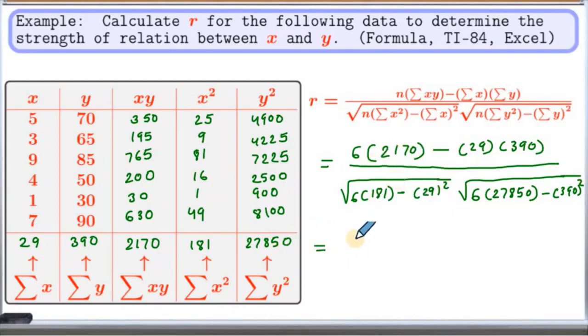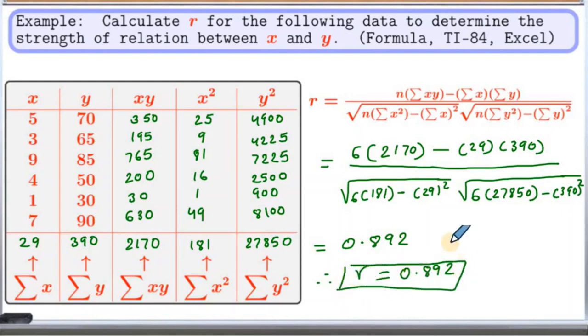When we do this math, this whole thing comes out to be 0.892. So, therefore, correlation coefficient R equals 0.892. So this is what we found using the formula.